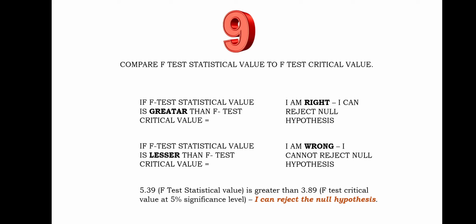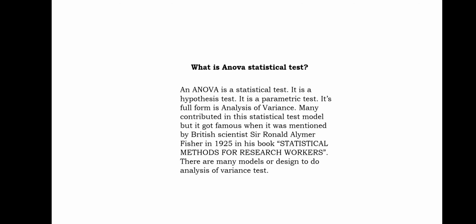So we have to conduct these 9 steps in order to know the value of the F-test statistical value, or in order to make a decision. You know, from the beginning of my lesson I told you that in the end we can easily understand what an ANOVA statistical test is. Remember, ANOVA is a statistical test.